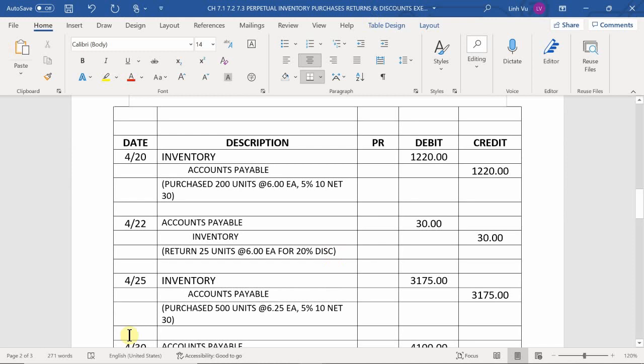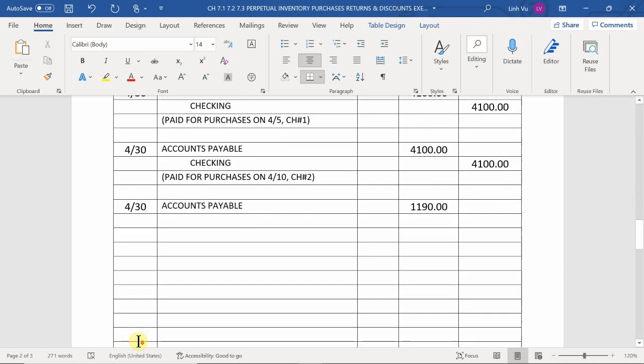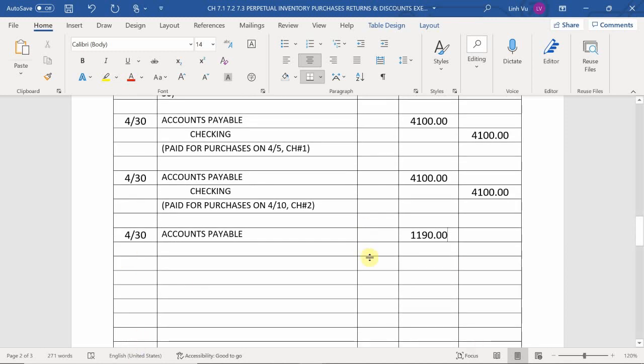So what is 5% of 11.70? 58.50. So in this case, I'm going to be discounting 58.50 since I'm paying on time and I deserve the discount, right? Am I going to pay more or less than what I owe?